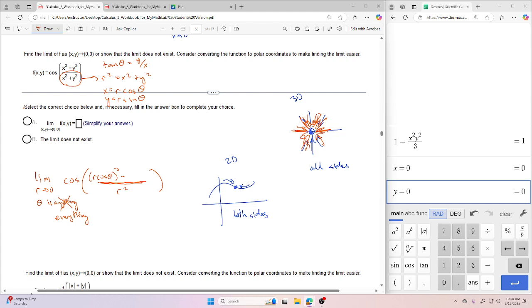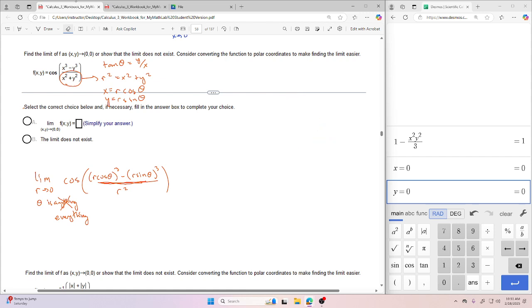Minus, for my y value I plug in, r sine theta cubed. Exactly. I'm going to change different colors now. In fact, I'm going to get rid of this other parentheses. There it is. I'm going to erase my pictures, because we're going to do the math now, and I'm going to switch colors too.